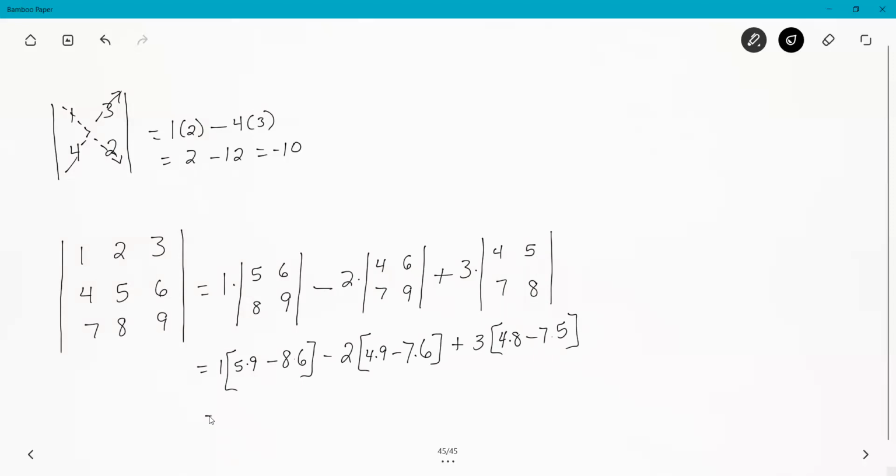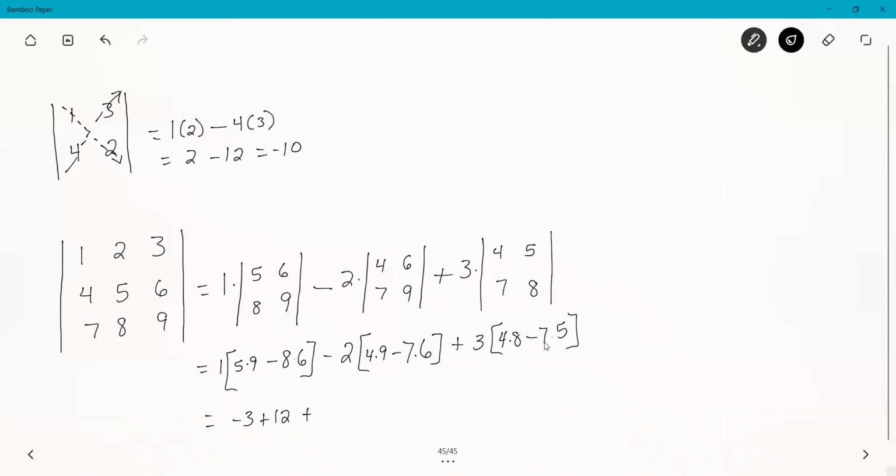Okay. And then doing this math, we end up with 45 minus 48, which is negative 3. And then I have, let's see, 36 minus 42. And that gives me what? Negative 6 times negative 2 is a positive 12. And then plus 4 times 8 is 32 minus 35. So 32 minus 35 is negative 3.